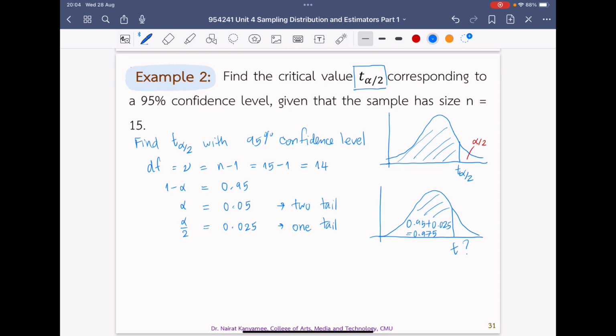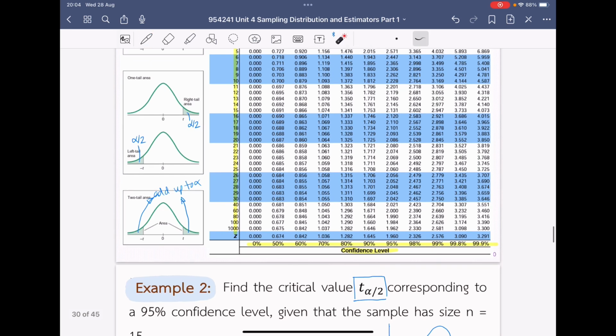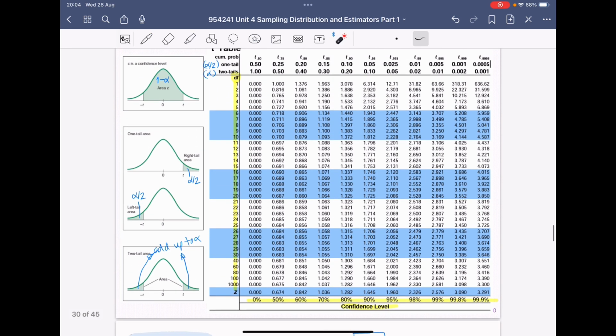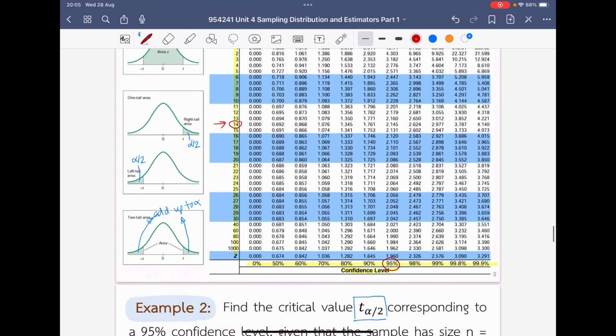From the t table, we are looking for the t value. From the t table, p of 0.975, with a degree of freedom of 14 and a 95% confidence level.